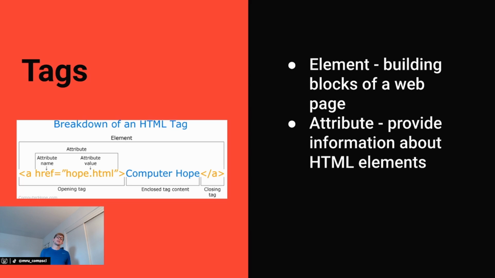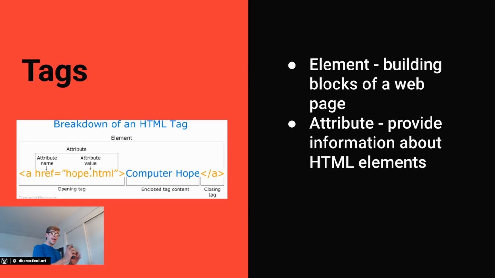HTML, elements, and tags. So an element is the whole thing between the opening and closing tag. Elements are the building blocks of a web page. And attributes provide additional information about those elements. If you look at this, this is a link element.